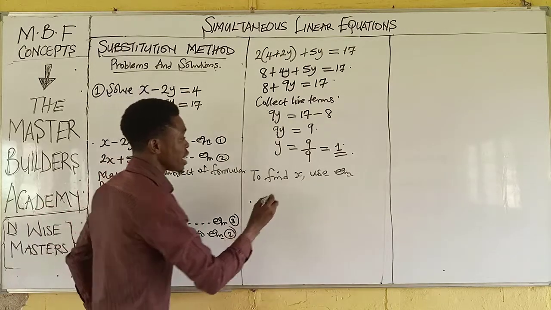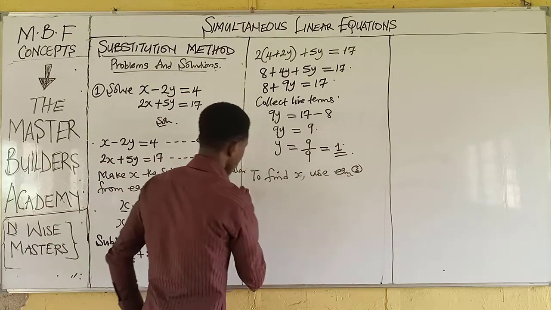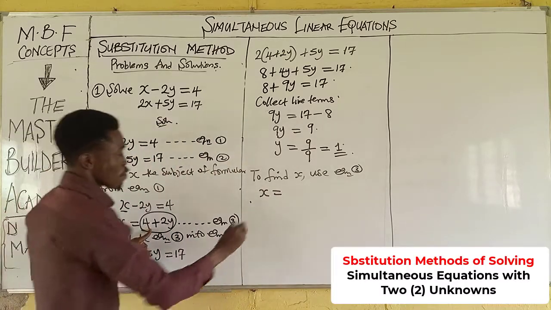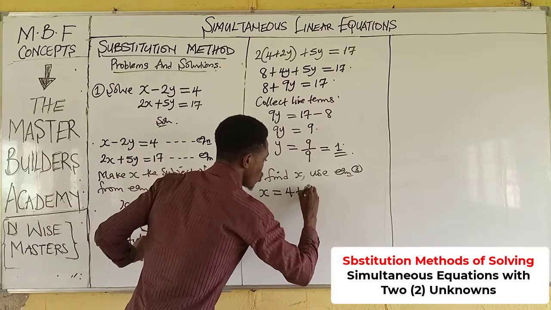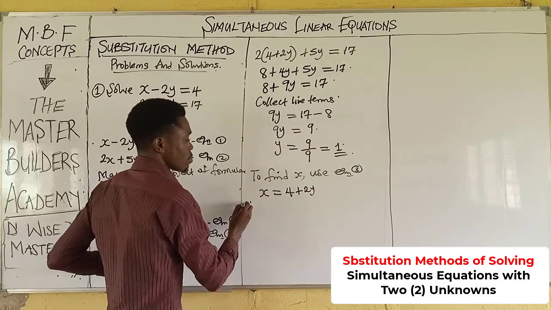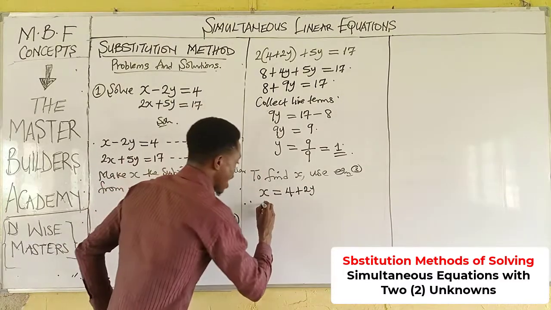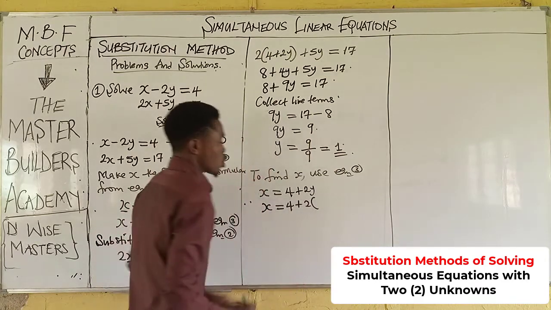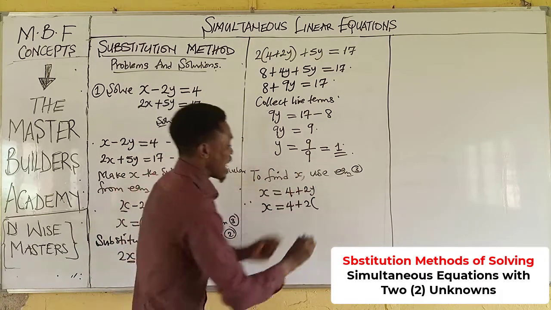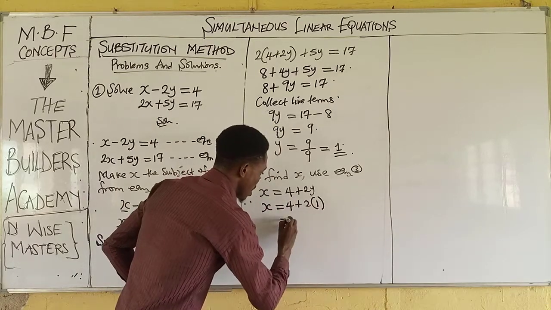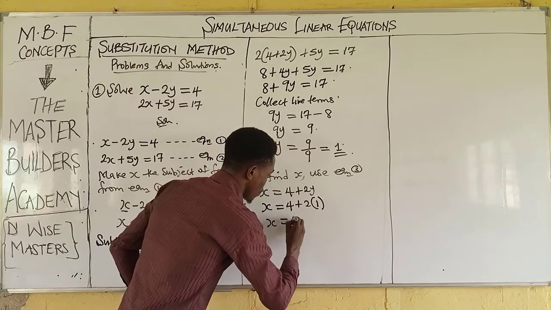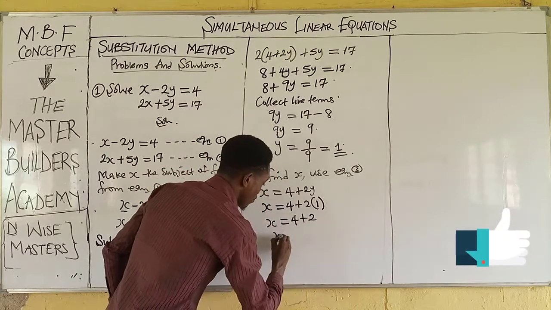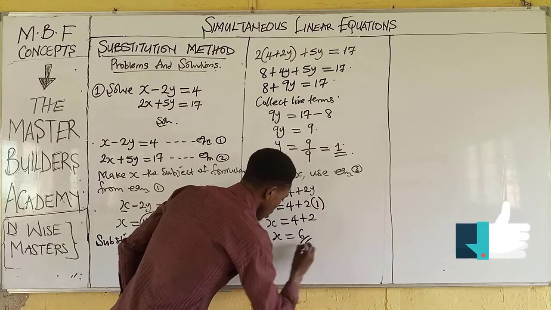Now from equation 3, we know that x is equal to 4 plus 2y. Guys, hope this is taken. Then x would be 4 plus 2 times y. Guys, what is the value of y? y is 1. So x is equal to 4 plus 2 multiplied by 1, which is 2, and 4 plus 2 is 6.